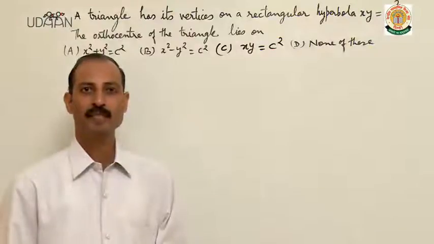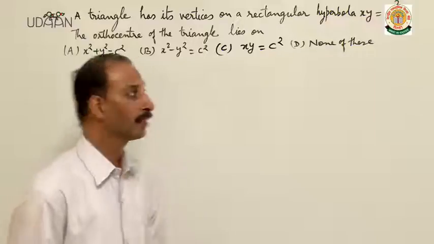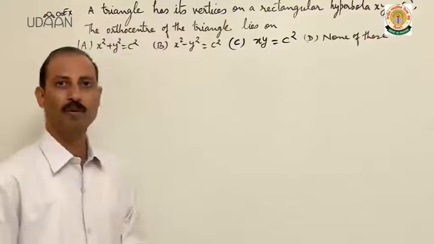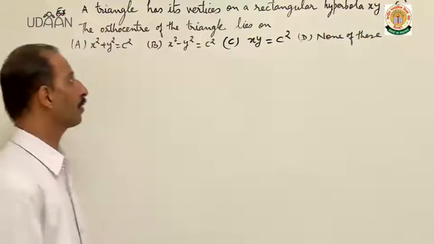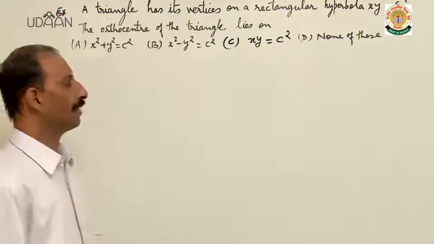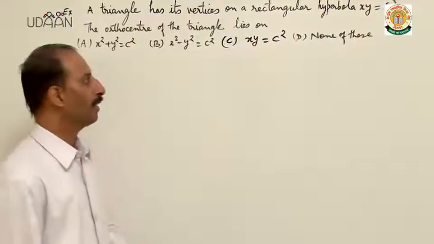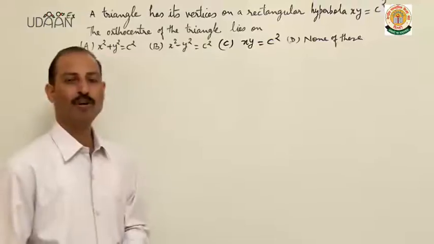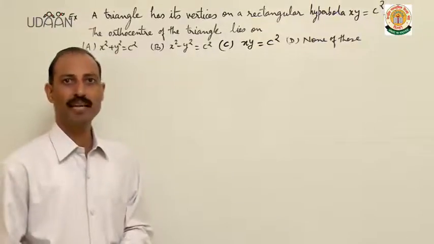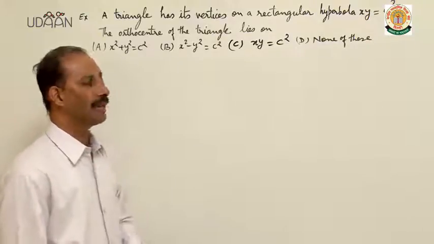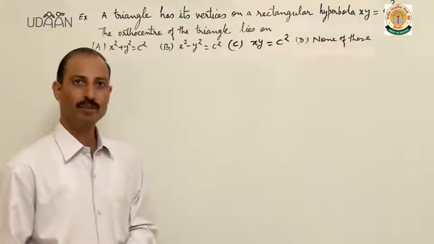Children, in this example, a triangle has its vertices on a rectangular hyperbola xy equal to c square. The orthocenter of the triangle lies on which curve? So we mainly have to find the locus of the orthocenter of the triangle ABC, whose vertices lie on the rectangular hyperbola xy equal to c square.